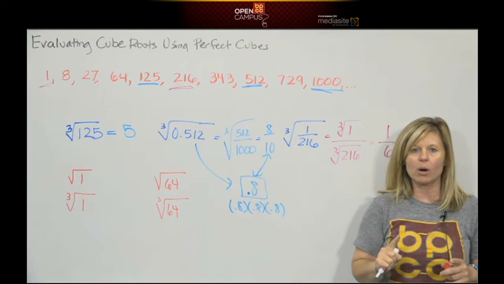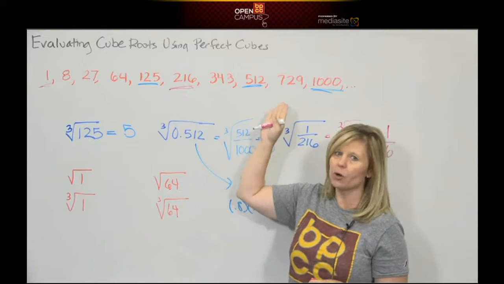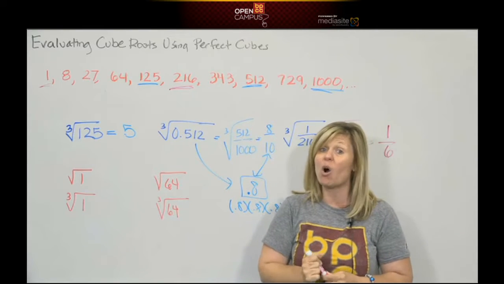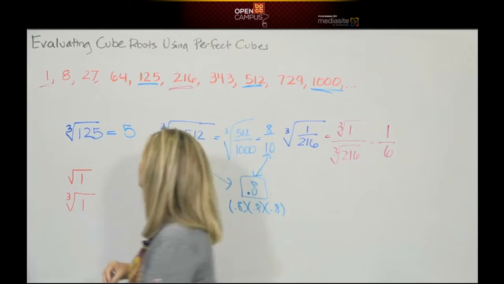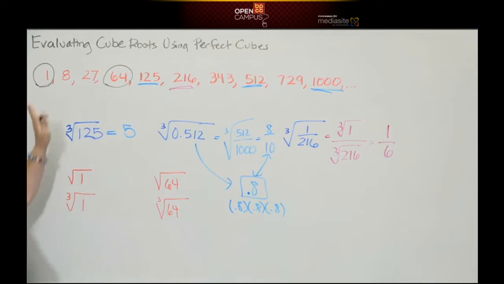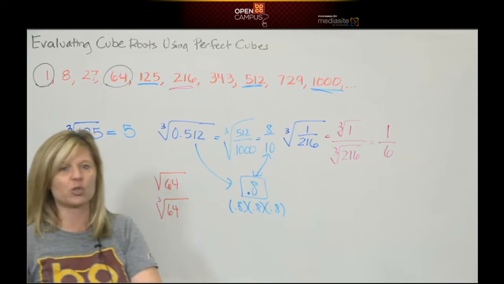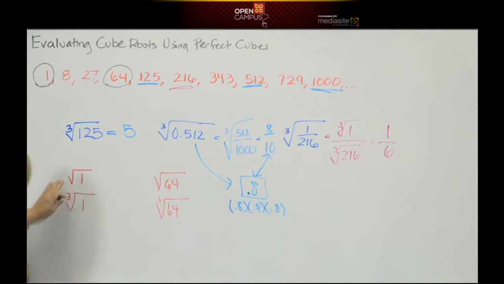One last note I want you to pay close attention to is there are 2 numbers on the cube root list that were also on the square root list. The 2 numbers they have in common are the 1 and the 64. 1 and 64 are both perfect squares and perfect cubes. So be careful. Square root means a number times itself.